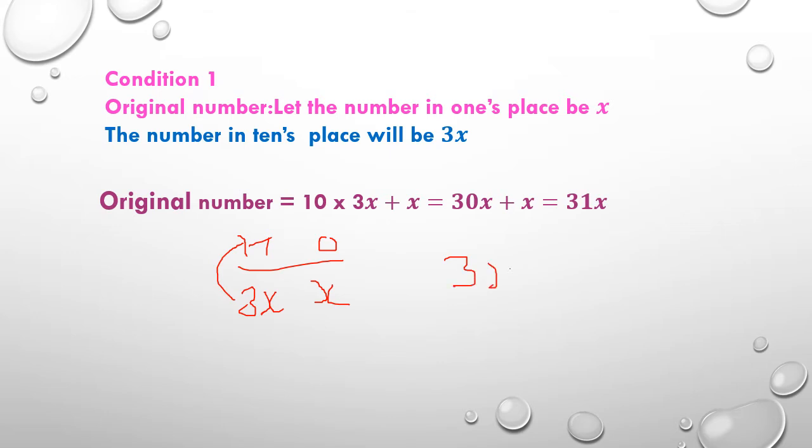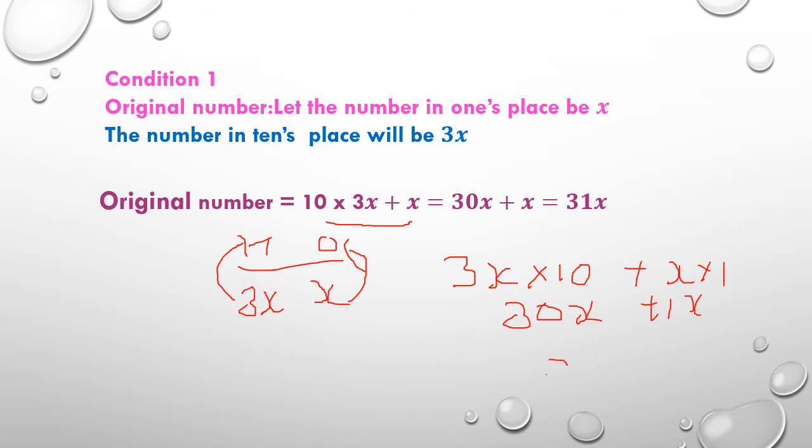Or you can even say this is the expanded form. 3x into 10 plus, in ones place you always multiply x with 1. So this is what we have done over here: 10 into 3x plus x. That is 3 into 10, 30x, and then plus x into 1 is 1x. You have to write x but consider it as 1x, so you get 31x.